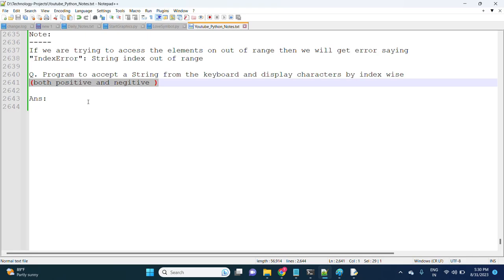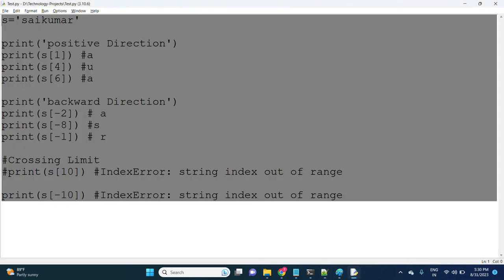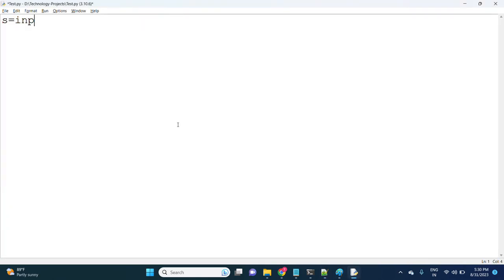First, I am reading the string: s = input('Enter some string').